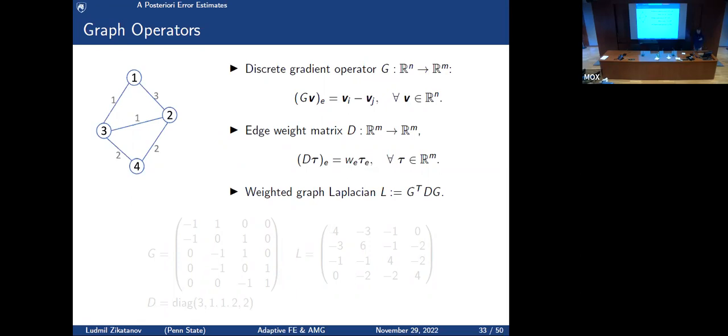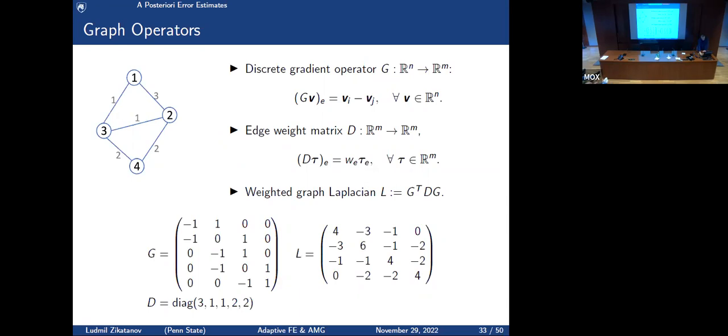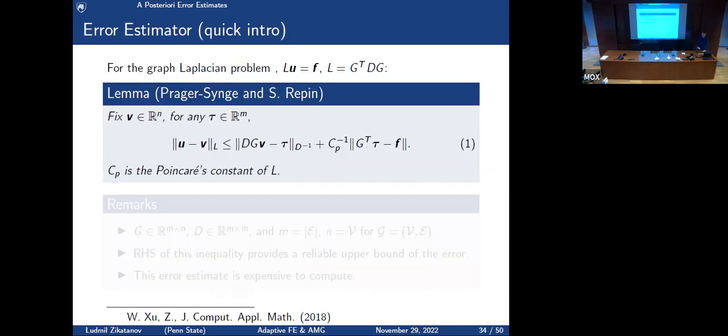So the question then was how one can actually make this more practical by not doing the W cycle iterations, and get the error. And what we use here is the so-called Prager-Synge identity, for people who do a posteriori error estimates.